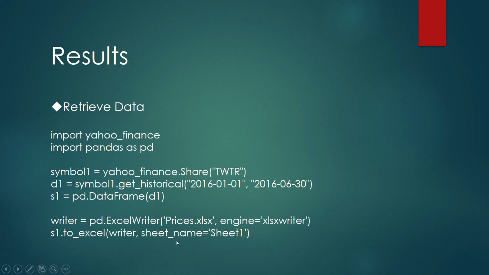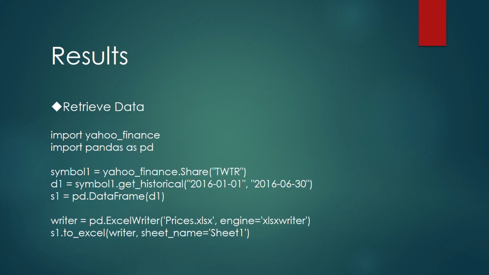And here, on this PowerPoint, it is just a portion of the code we use because we have tried 8 different stocks, and here it's just for one stock, and we save the stock prices into an Excel file.